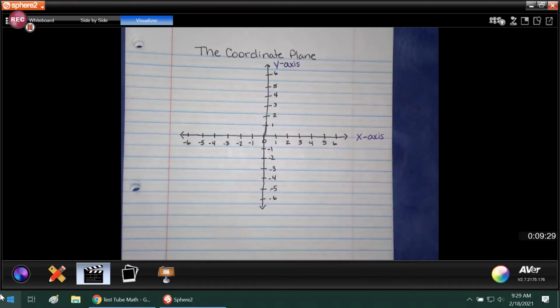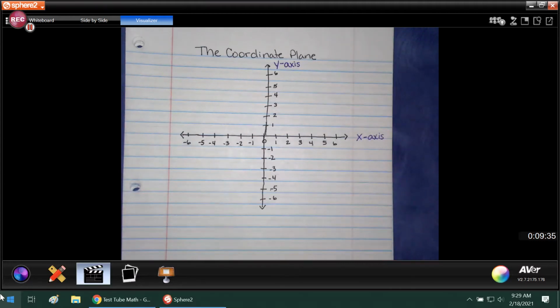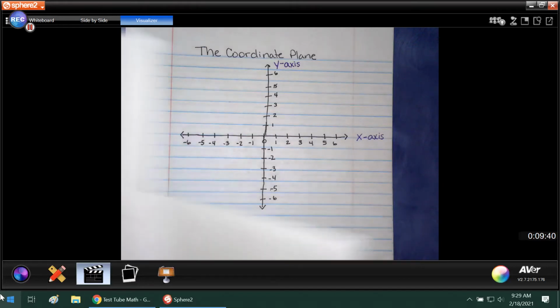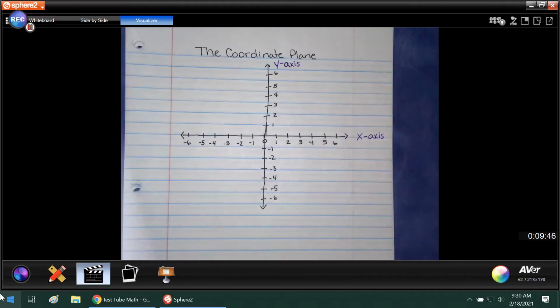Now, let's take a look at this section because in the past, you've worked with this section of the coordinate plane before. You've worked with graphs that look like this, okay? And so that section of the coordinate plane is called a quadrant.